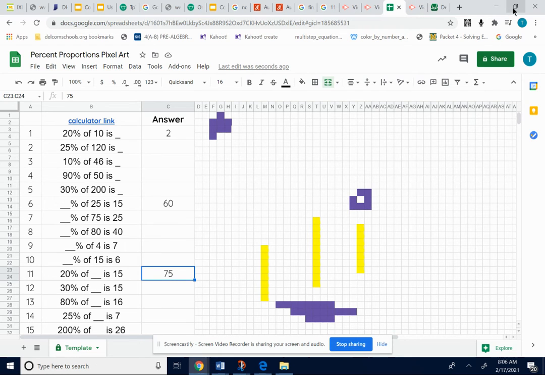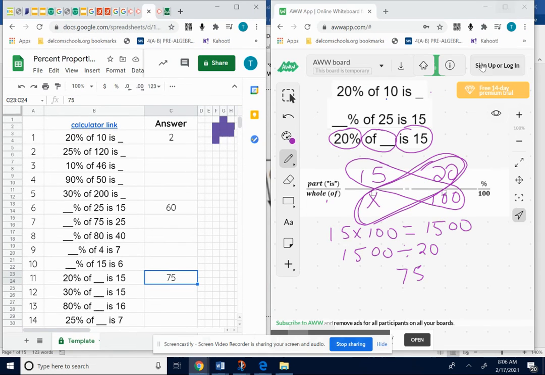Hmm. It could just be that the internet's slow. Let's make sure we didn't make any mistakes. We set it up right. We took 1500. No, we did it correctly.